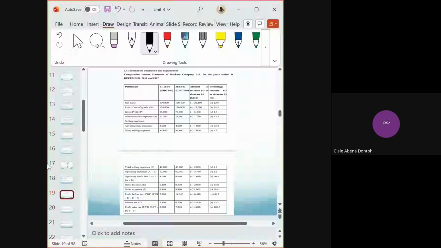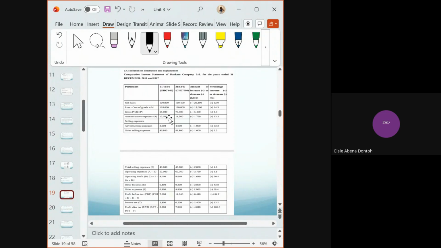So from the calculations, the third column is what? Amount of increase or decrease. And then here is the percentage increase or decrease. So you can see here that net sales increased by 12%. Cost of goods sold increased by 14.3%. Gross profit increased by what? 8.3%.